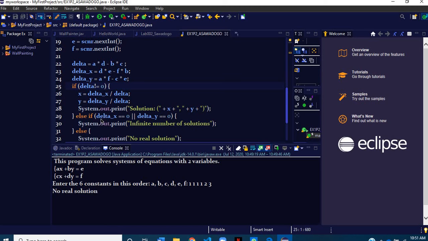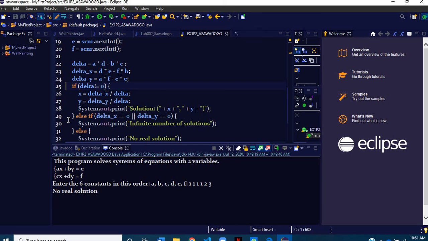Else if, so that means if the first one is not verified, if delta is not different from 0, that means it's 0. But in the 0 case, if delta x or delta y is 0, there's an infinite number of solutions. That's why I have else if.